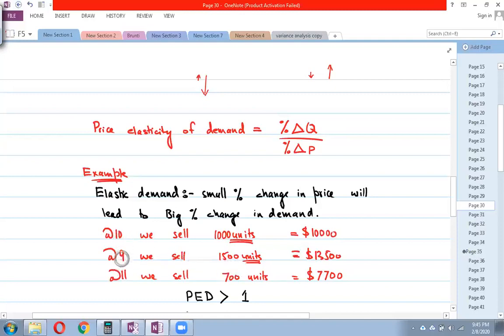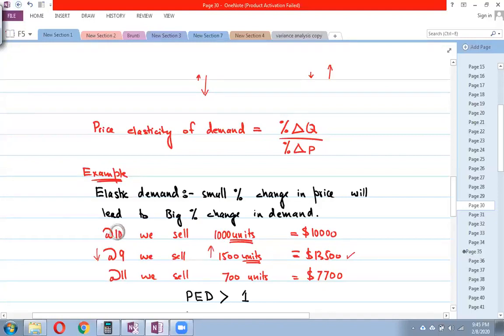Can you see a small reduction in the price and a big change in the demand? You have reduced the price a little bit, but the demand has increased a lot, right? So what will be the impact on revenue now? The revenue will be increased. Can you see the revenue has increased?